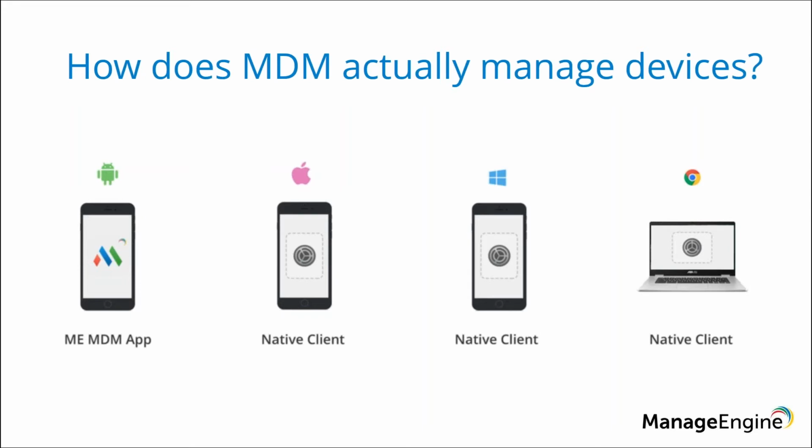But when it comes to iOS, Windows, or Chromebooks, you don't necessarily need to install the MDM app. We leverage the native OS client, the MDM client, which is available on the operating system, to install the MDM profile. So for iOS, Windows, or Chromebook, you don't need to install the app. You'll invoke the MDM profile on the devices to manage. But in the case of Android devices, you need to install the MDM app.